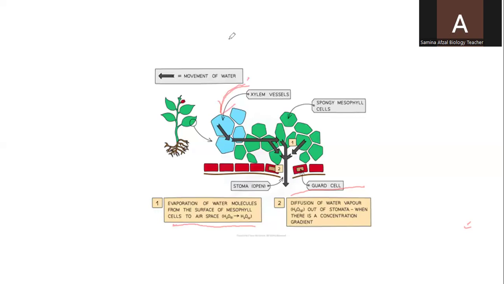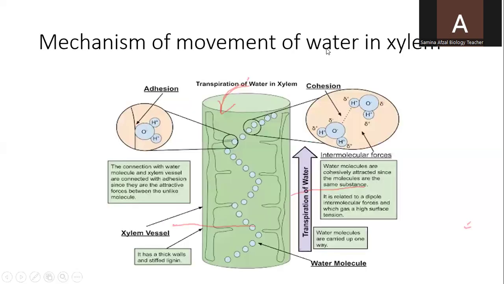I would like to move towards the next slide. During transpiration, when water is moved in the upward direction, many forces are involved in it. Those forces are cohesion and adhesion. I will discuss these because when water is evaporated through stomata, a pull is produced.